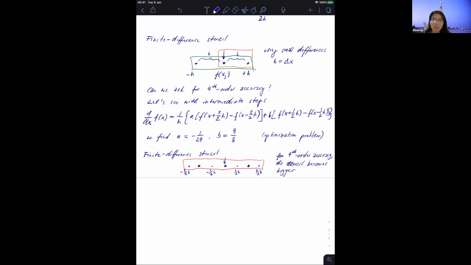What do you mean by bigger? Does it mean that more points are included, or the edge is bigger? No, we include more information from more neighbors. Like here it is 4 numbers, right? Yes.